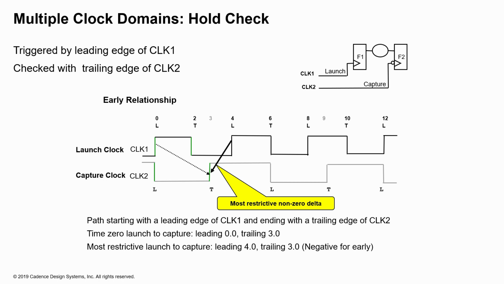So if we look at the most restrictive launch to capture, it's 4 and 3. And if the data is safely stored, then you're okay. Otherwise, you're failing the hold check.